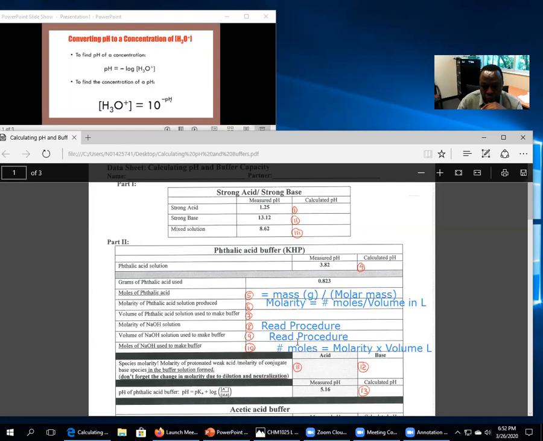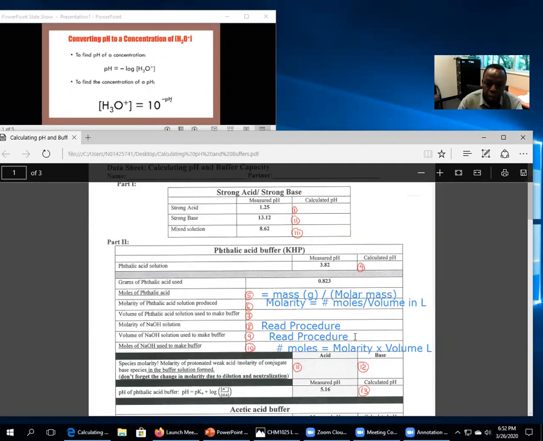It will give you the number of moles. So if we know the number of moles of NaOH added into the phthalic acid solution, it will convert half of the number of moles you started with.